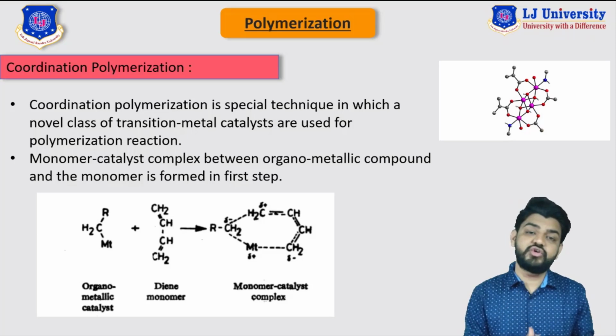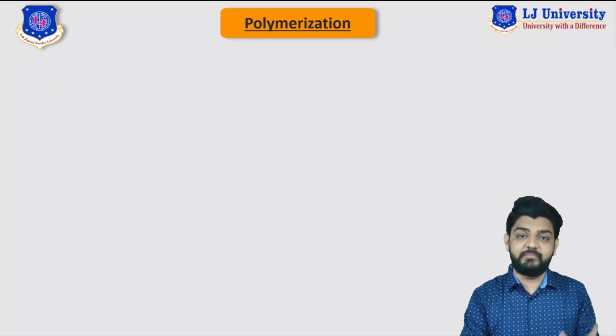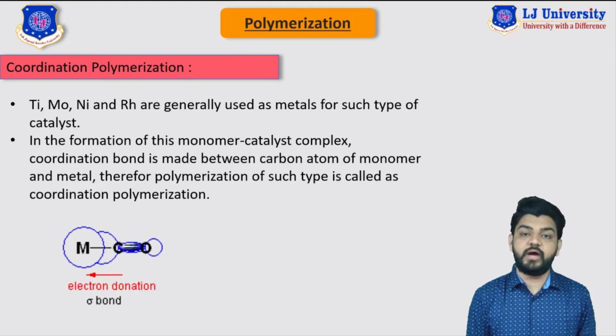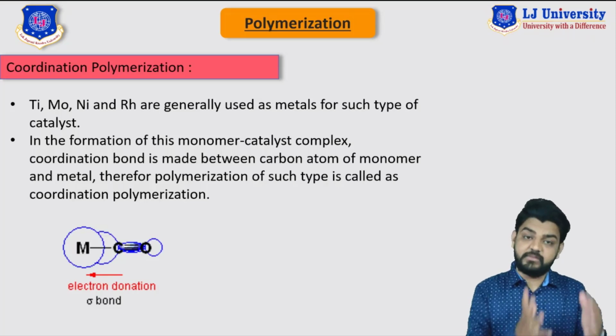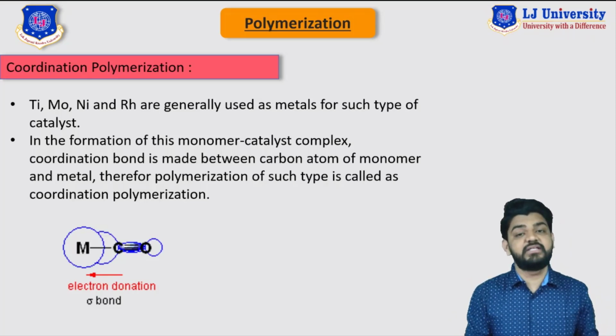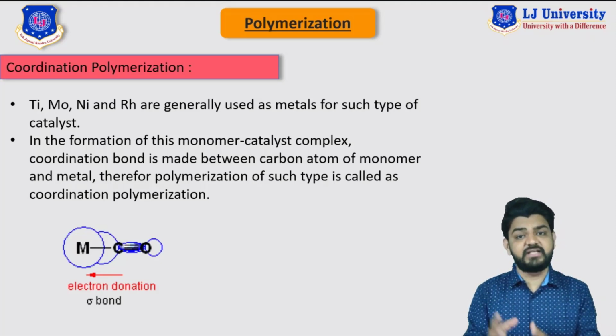Sometimes we also use aluminum as a metal. These are the different metals used to manufacture such catalysts. The formation of the monomer catalyst complex that we have already discussed is in the form of a coordination bond. So this bond is referred to as the coordination bond.